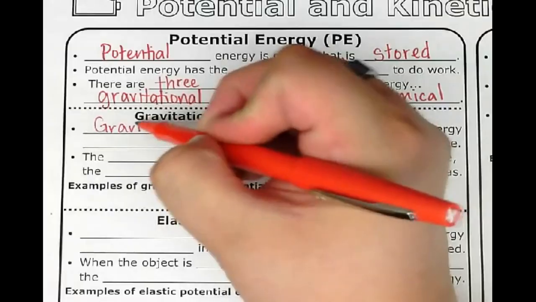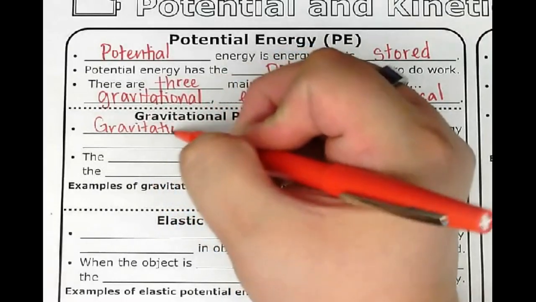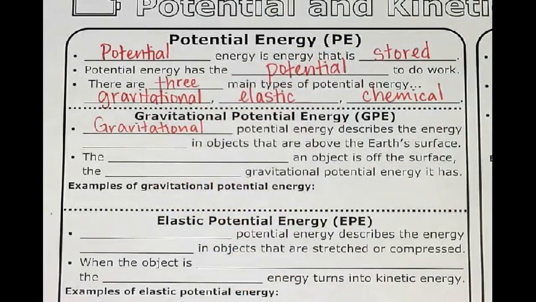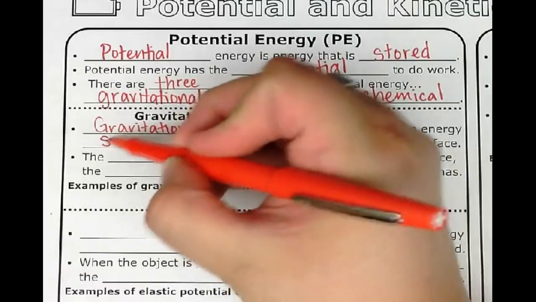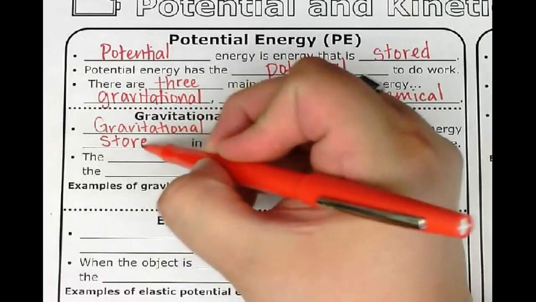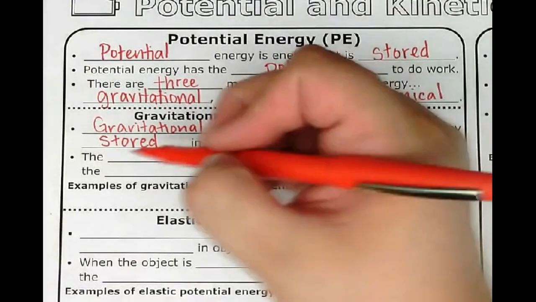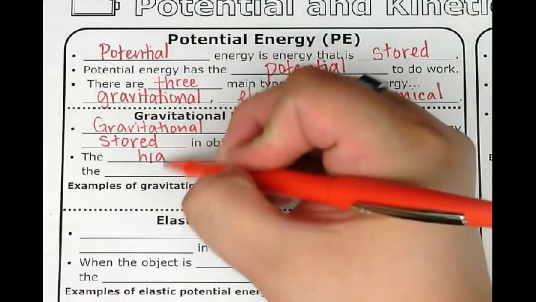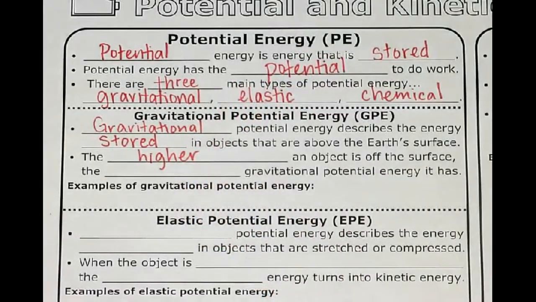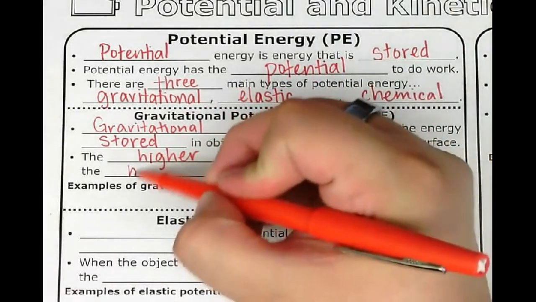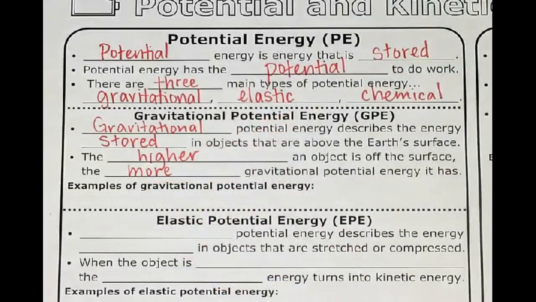Gravitational potential energy describes the energy stored in objects that are above the Earth's surface. The higher an object is off the surface, the more gravitational potential energy it has.